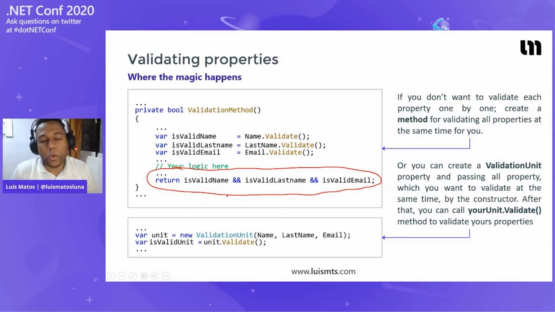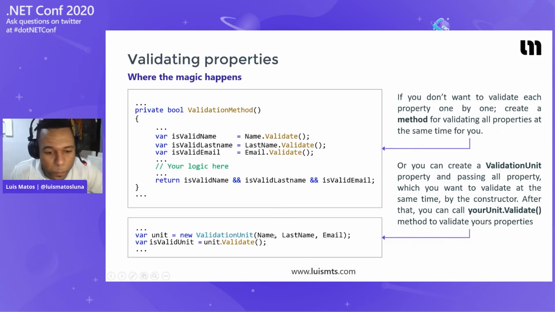But we can do all of this manually, or we can just create a validation unit. What this does is take all your properties and validate all of them for you, and it's going to tell you if all of those properties are valid.